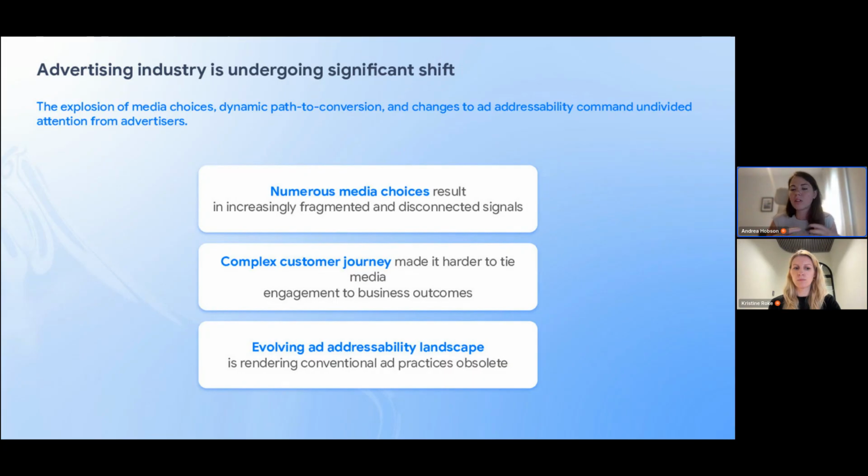Consumers are not just on one platform, they're everywhere. They're on streaming devices, connected TV, apps, podcasts. And that's very exciting because it opens a lot of opportunities, but it also fragments the data we are relying on, because each platform has its own signals, and that makes it really tough to get a clear picture of the performance.